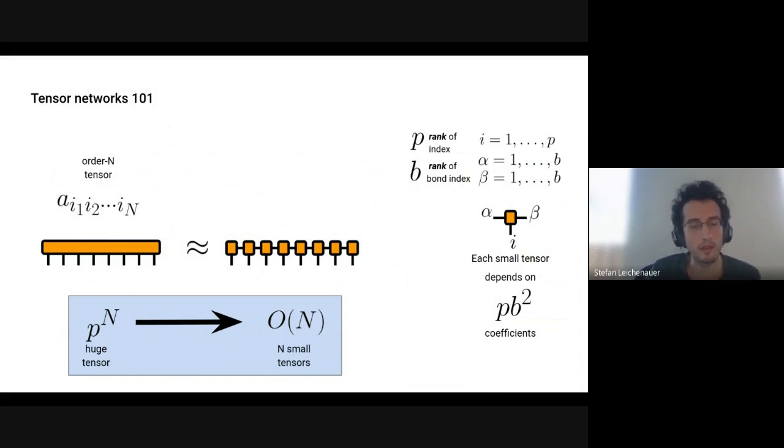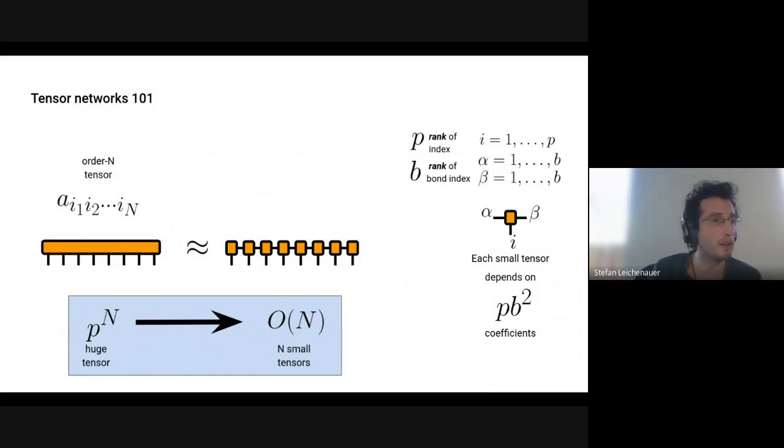So I switched notations from d to p and B. P, for physical, is going to be the dimensionality associated with each of the dangling legs, each of the lower legs. Those are the physical legs. And B is the dimensionality of the edges connecting the tensors in the MPS. So those horizontal legs are dimension B, B for bond.